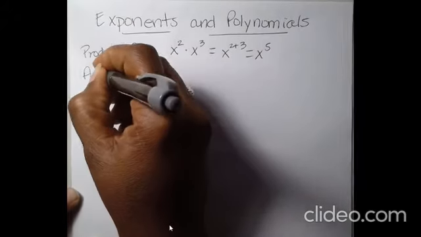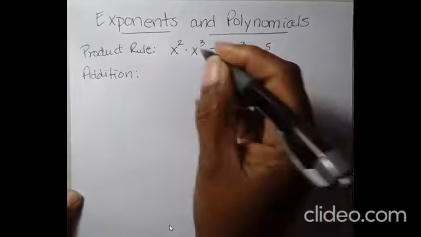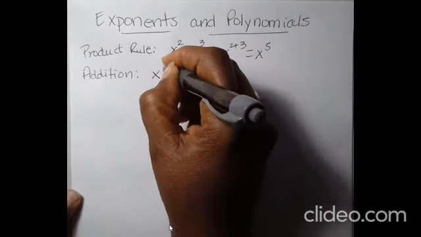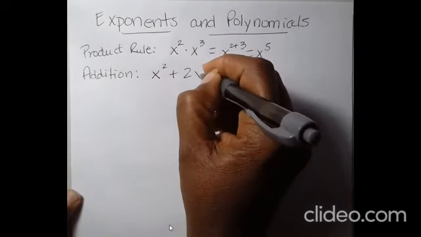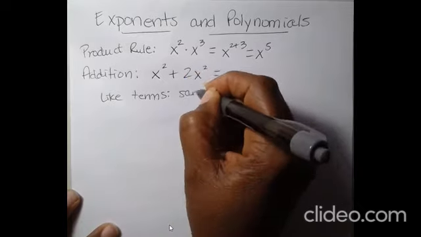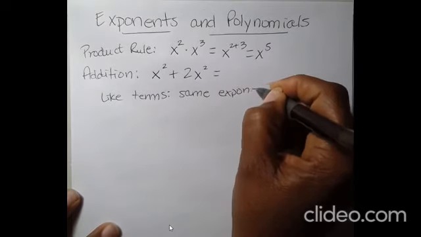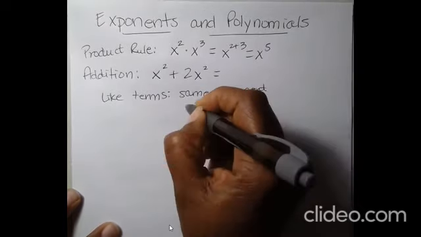Another rule, and this isn't necessarily an exponent rule, but if you are adding exponents, they must be like terms. So let's talk like terms really quick. Like terms have the same exponent, yes, same exponent, and same variable.